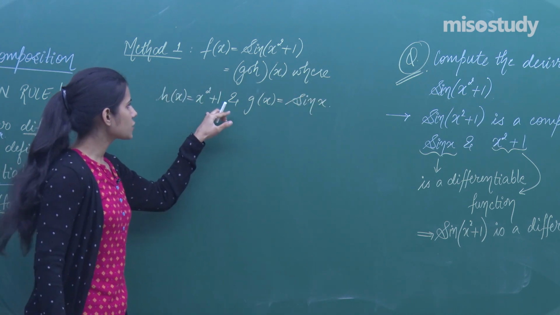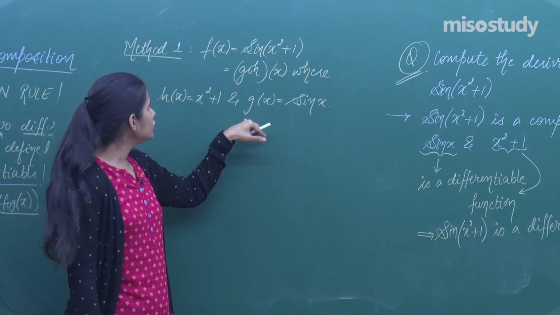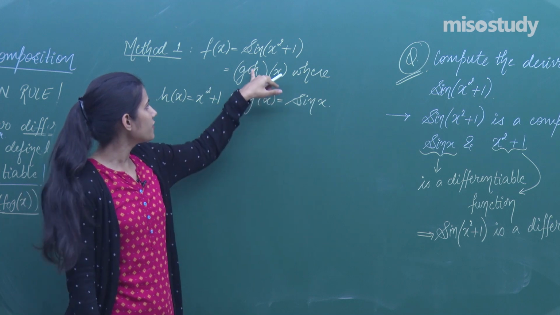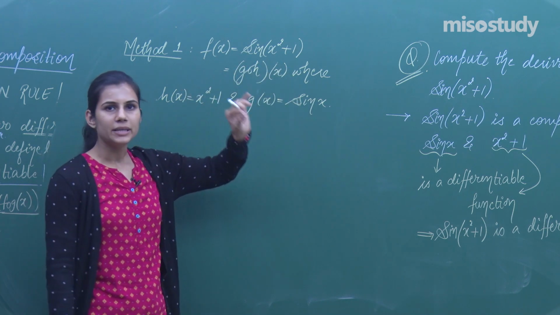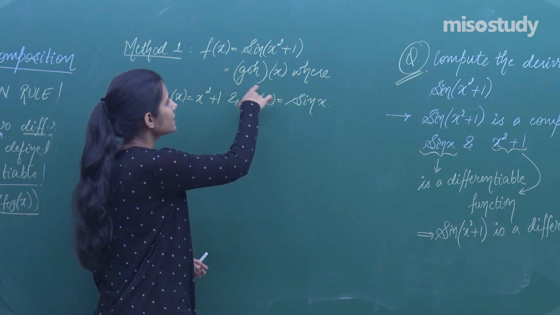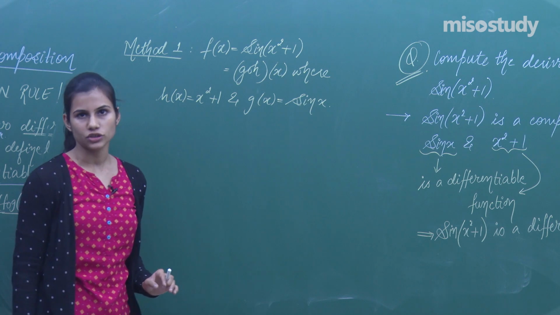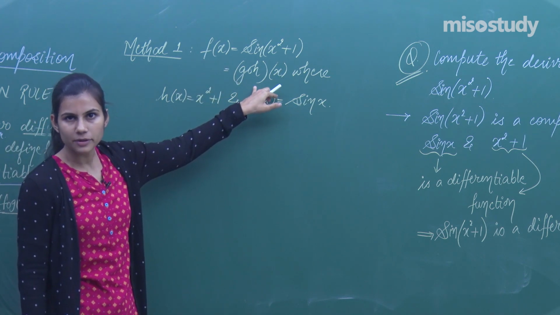So if hx is x square plus 1, gx is sine x, then goh of x is g of x square plus 1, which is sine of x square plus 1, which is f of x. And therefore, goh is completely well defined. F is my function which is written as a composition of two differentiable functions.